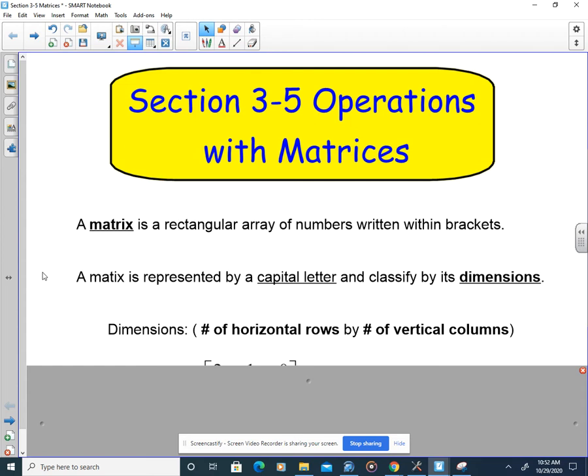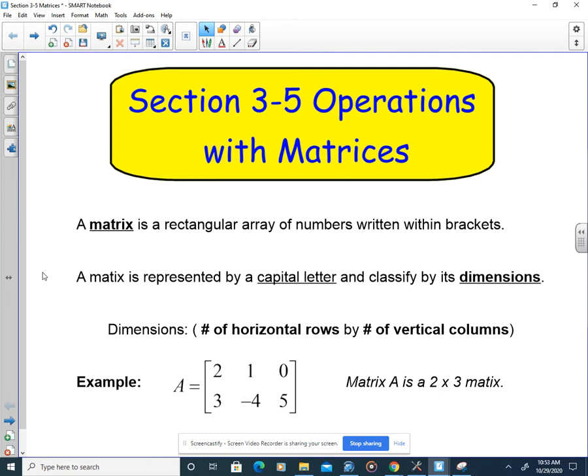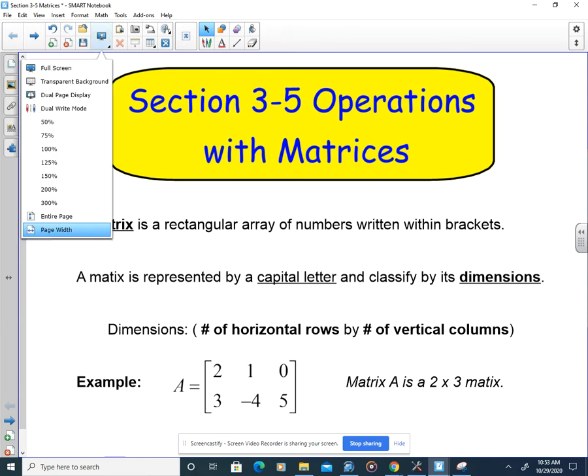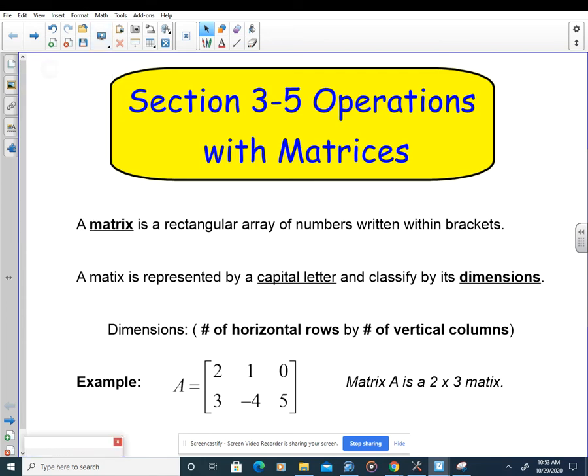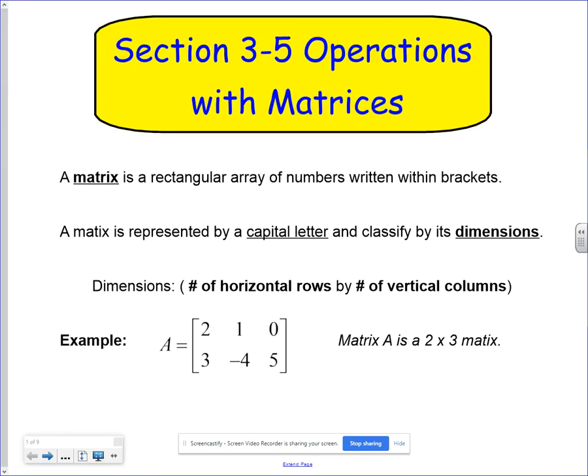So let's look at an example. A here. This is called matrix A. Notice it's named with a capital A. So when we talk about matrices, we want to use capital letters. This is a 2 by 3 matrix because it has 2 rows.